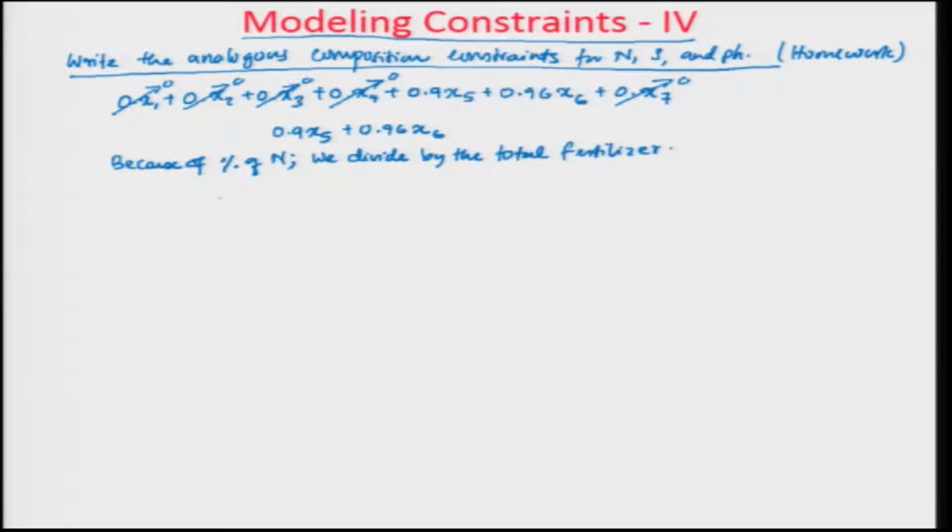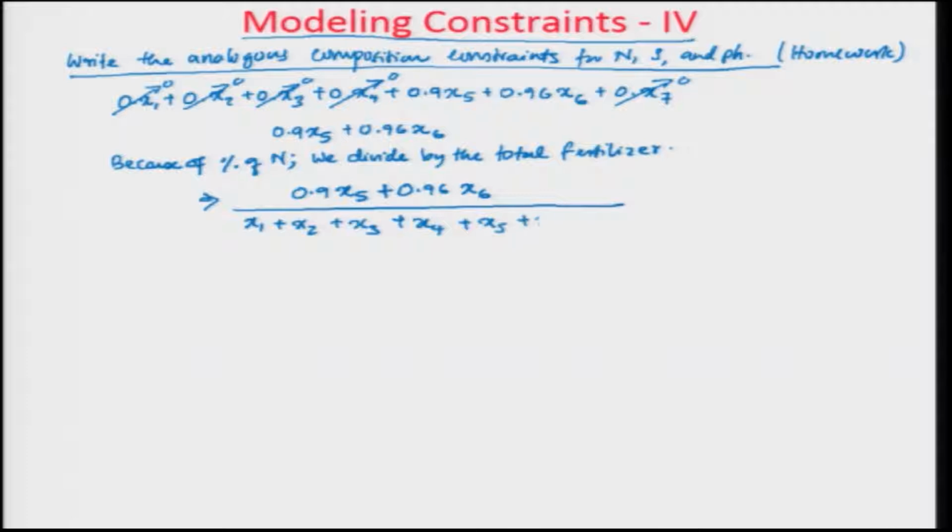Which implies 0.9 x5 plus 0.96 x6 divided by x1 plus x2 plus x3 plus x4 plus x5 plus x6 plus x7, the whole thing multiplied by 100.